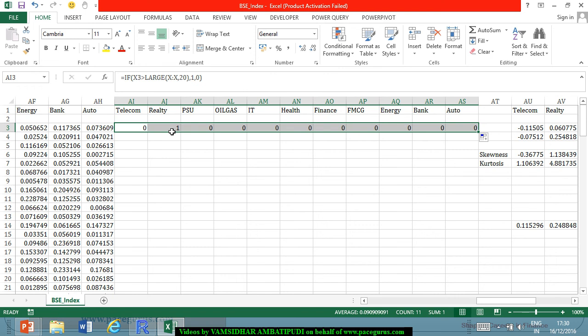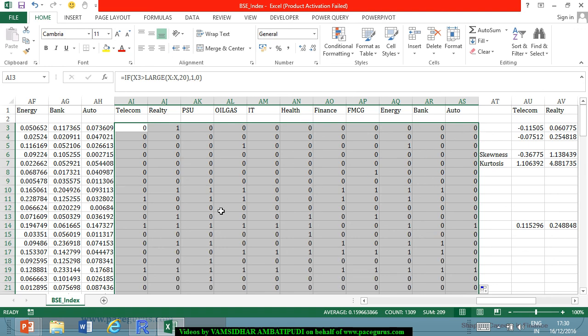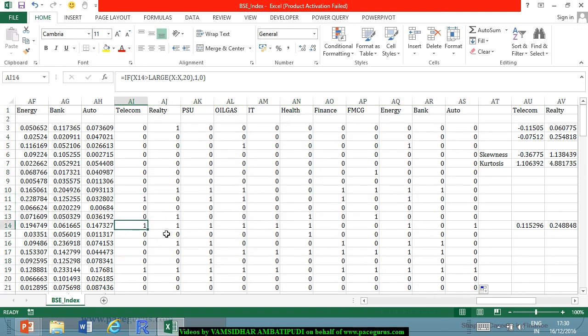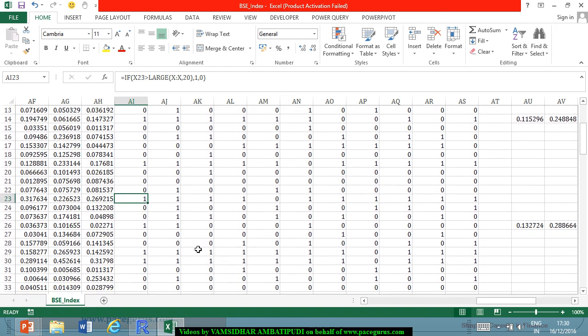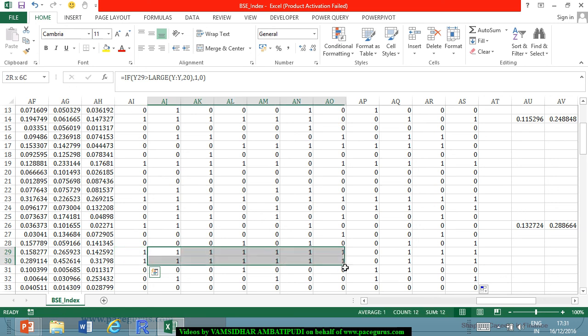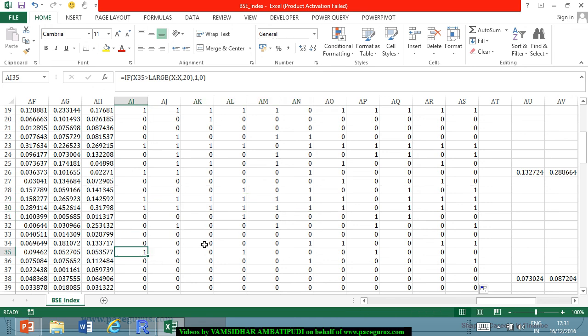You can see in the reality sector, this is where it's in the top 20. Here one is here, one is here, one is here. In telecom, both the ones are together. You can see almost all the ones are together out here. Again the one is here.